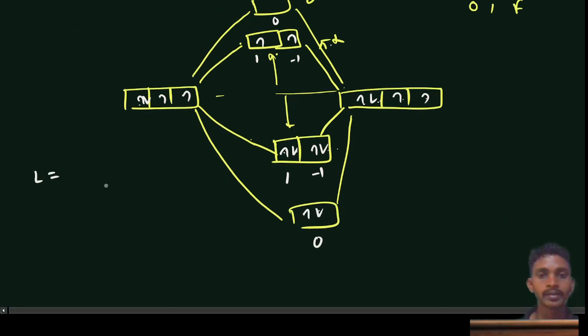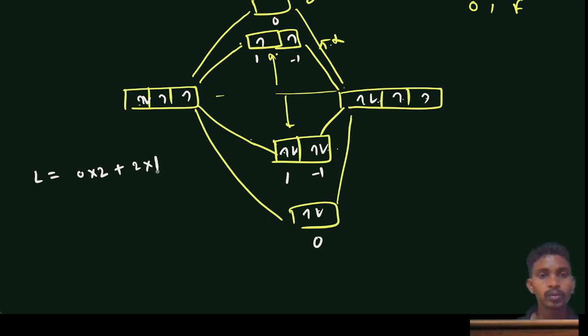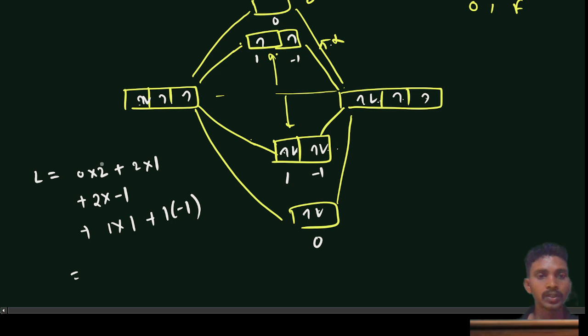So here this is 0 into 2 plus 2 into 1 plus 2 into -1, plus 1 into 1 plus 1 into -1. So we see that this is 0, this is 2, this is -2, this is +1, and this is -1.